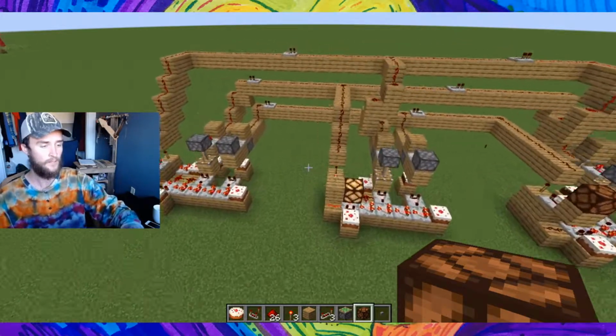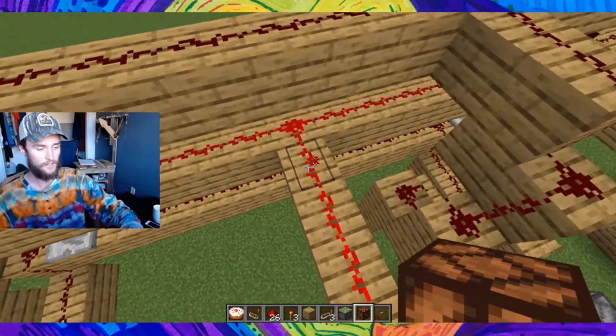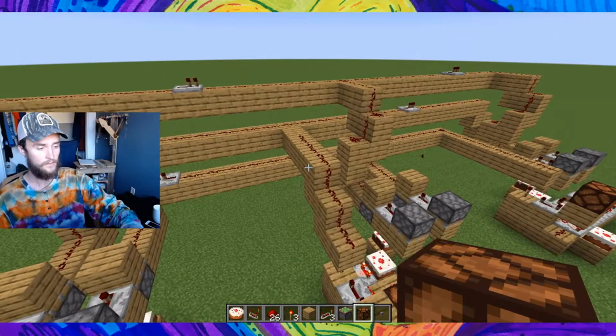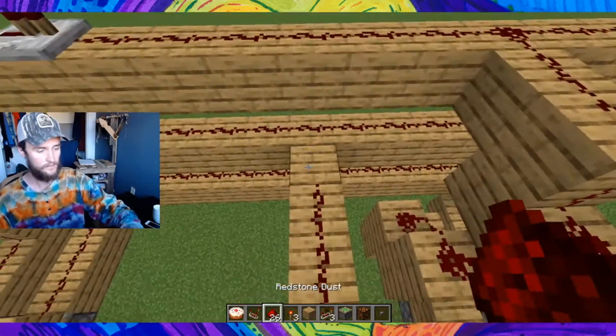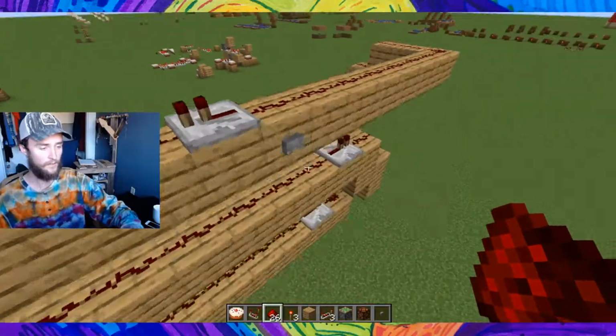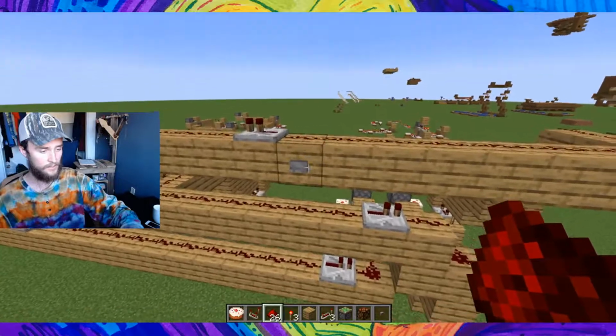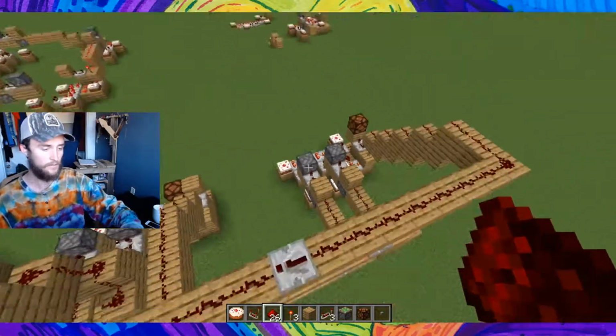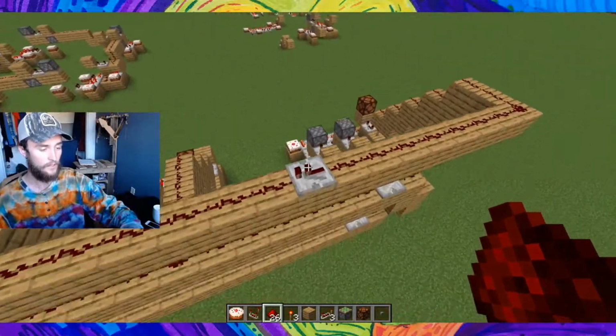Okay, that makes sense. So we can stop this by just disconnecting one of them. Yeah, okay. It stopped. Now what I want to try to do is start it in a different pattern where it's like 1, 2, 3, 1, 2, 3.